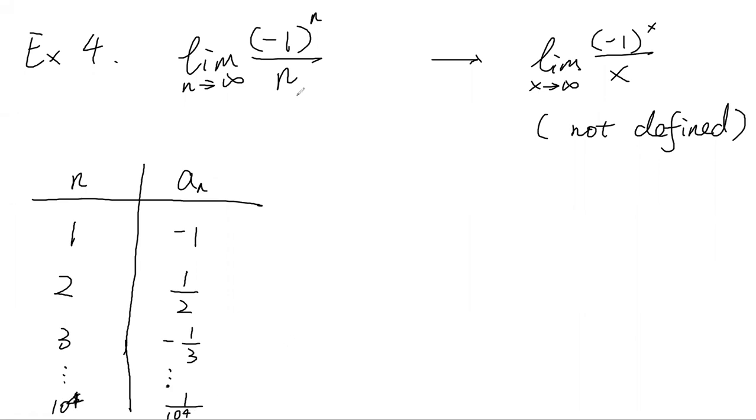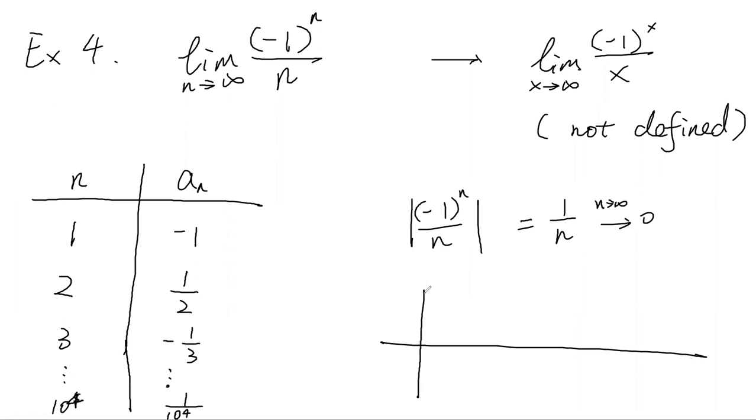And then if you keep going, you realize that the absolute value of (-1)^n/n is equal to 1/n, and goes to 0 as n approaches infinity. All this sequence does is basically oscillate with respect to the x-axis. When n is equal to 1, it is equal to -1.